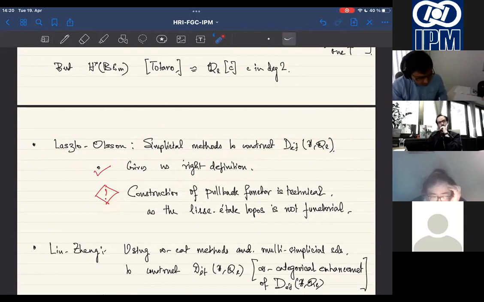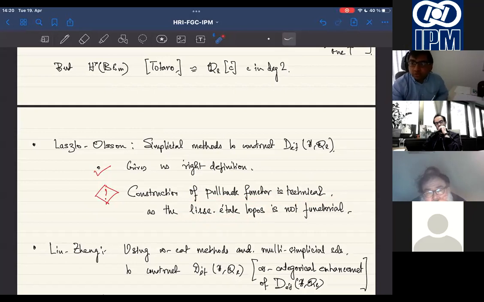The problem is that if you want to define pullback functors now, we don't want to just define this derived category, we want to have the 6-functor formalism. So we want to have a pullback functor. And this pullback functor somehow is very technical to construct. This is because when they are trying to define it, they use a new topos, or sheaves over a site, which is called the lisse-étale topos.